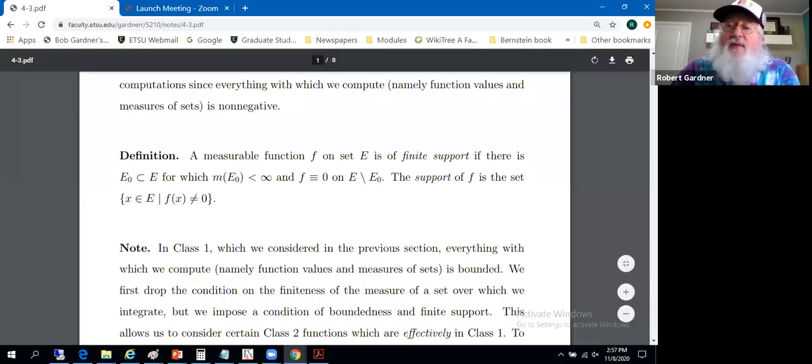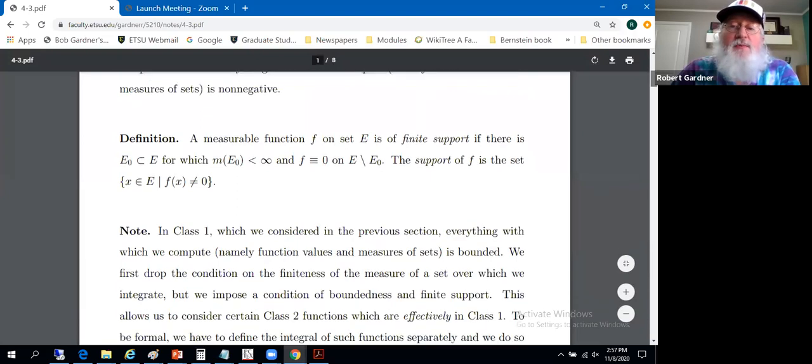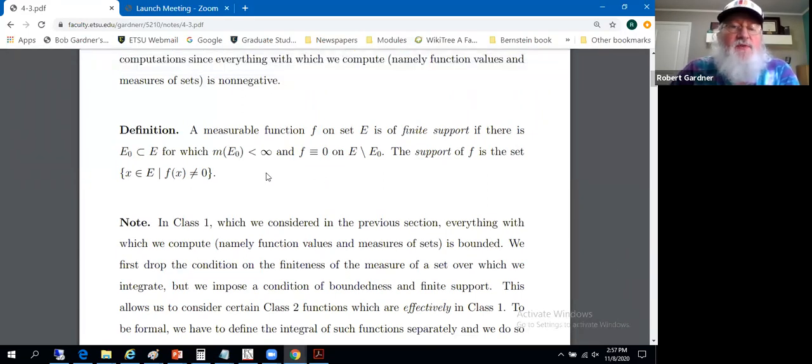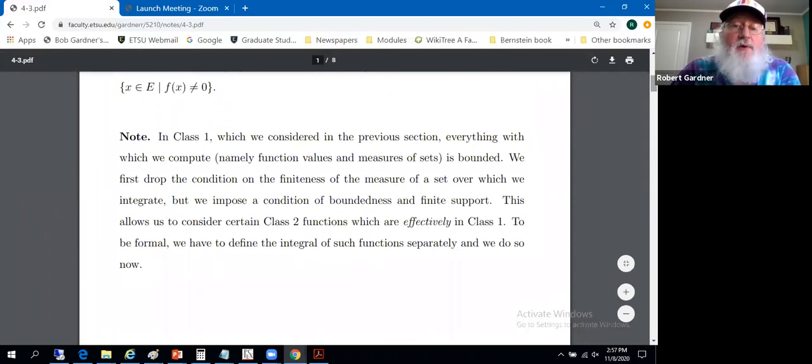So if we have a non-negative function of finite support, this is what we'll deal with, we've effectively got a function that's defined on a set of finite measure. Off of that set of finite measure, we've got the function taking on the value 0. So in class 1, we considered bounded functions on sets of finite measure. We're going to drop this condition on the finiteness of the measure of a set over which we integrate.